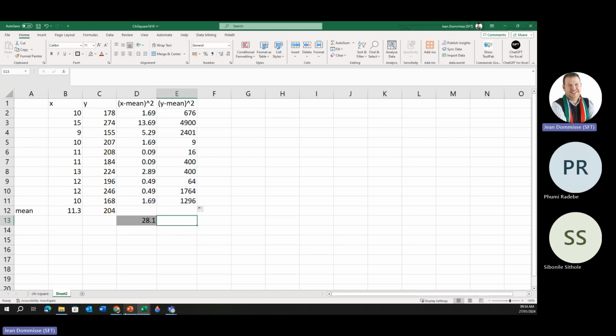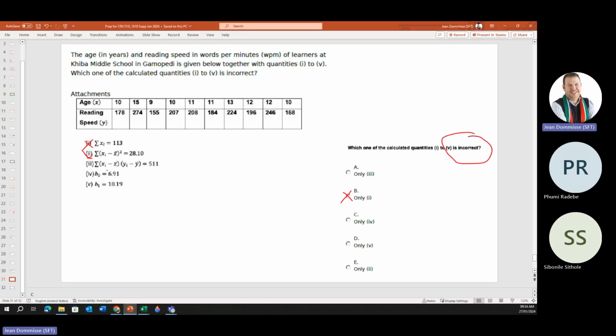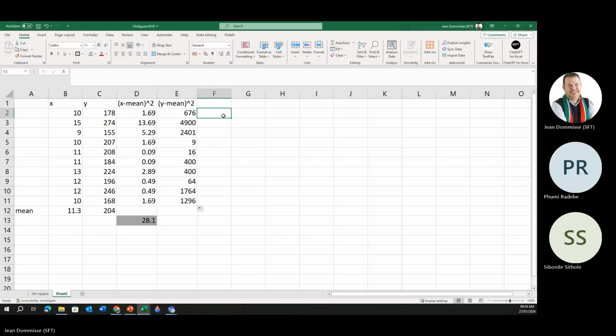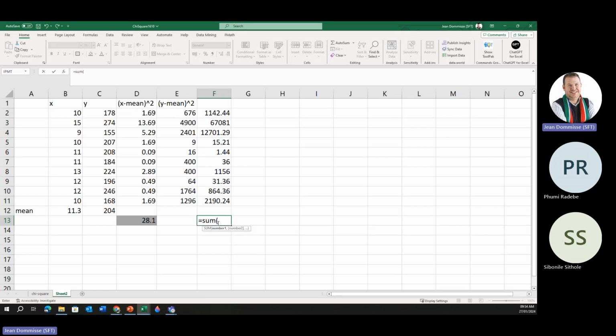Okay, but when they ask us, and let's just get it right. So the x1 times the y, and then the sum. So the x times the y, and we basically need to take the sum of that.